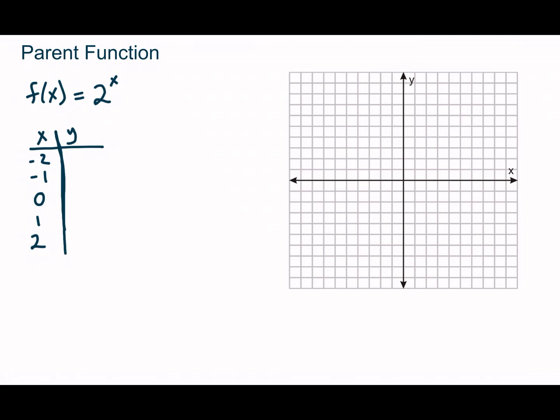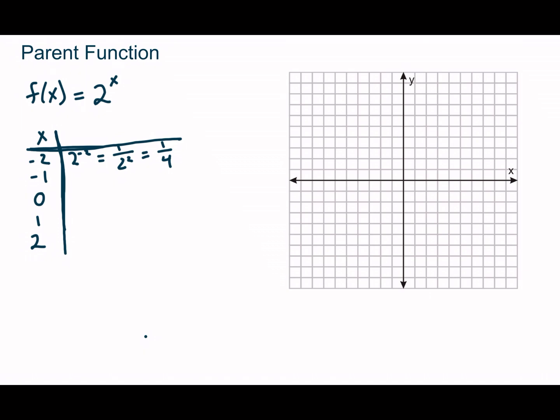If I plug in 2 to the negative 2 power, now you've got to think back to your exponent rules. 2 to the negative 2 flips this into a fraction, and it's really 1 over 2 squared, or 1/4.